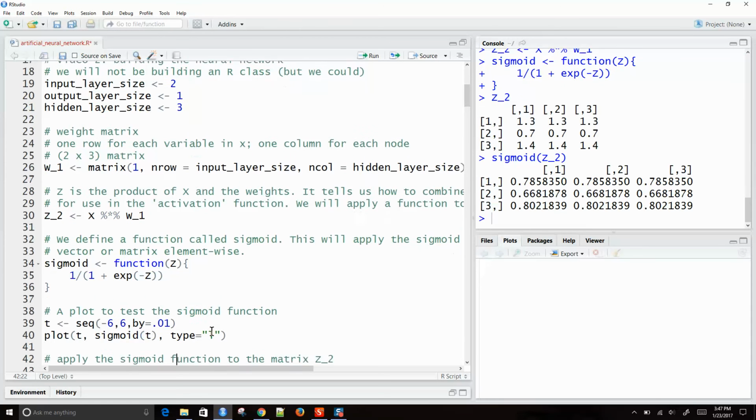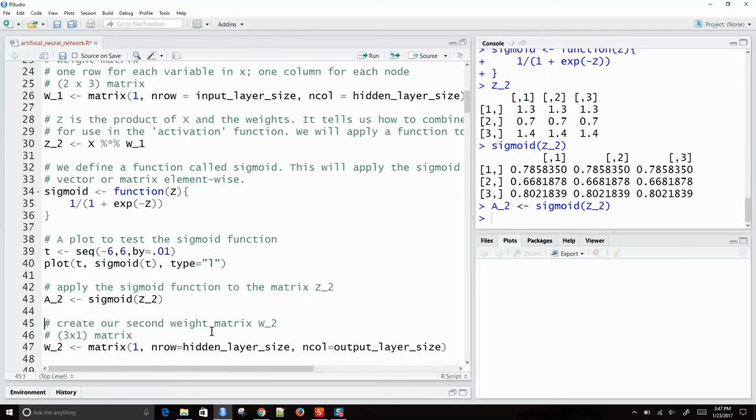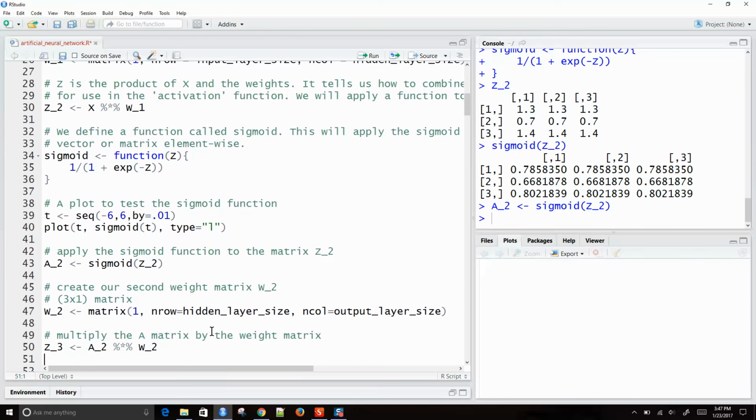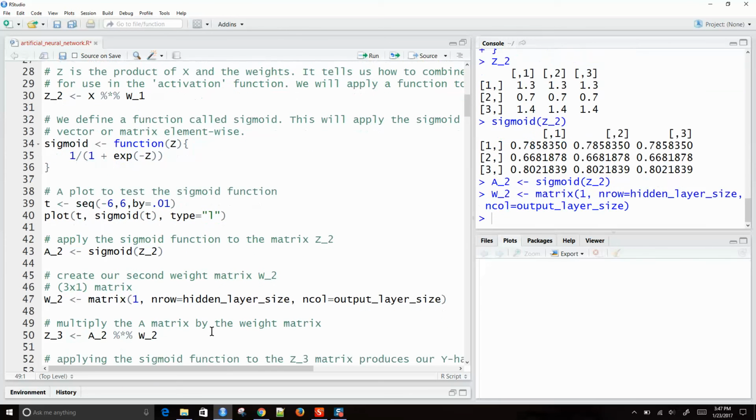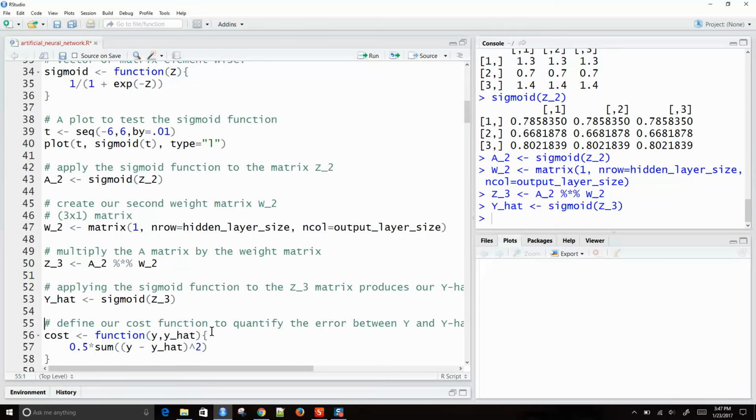And then we take our second weight matrix, which is 3 by 1, and A2 multiplied by our second weight matrix is going to be our Z3, and y hat is the sigmoid of this.